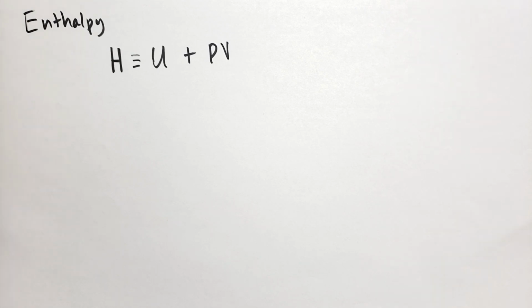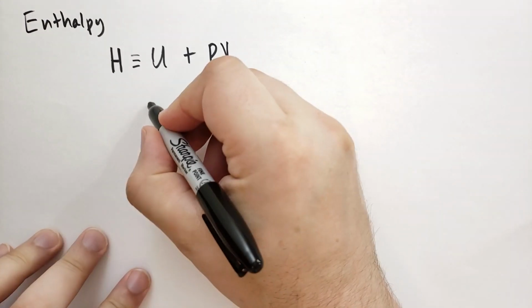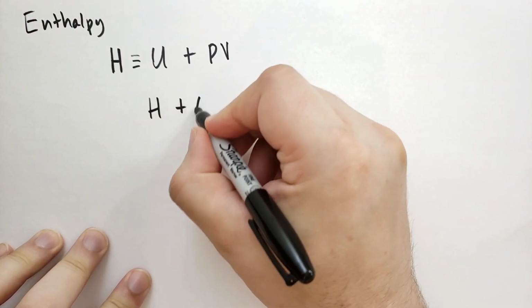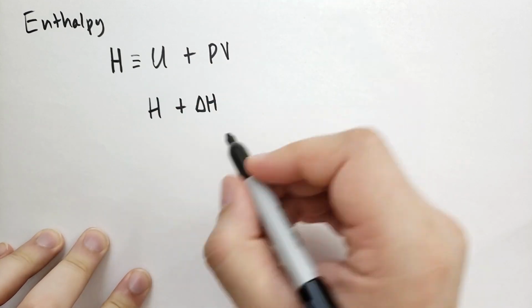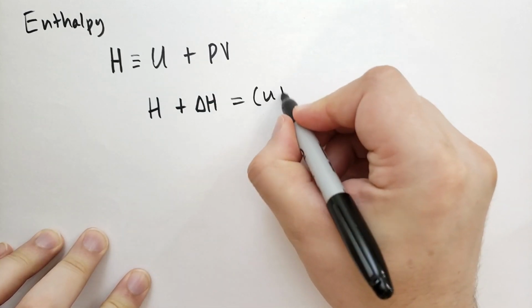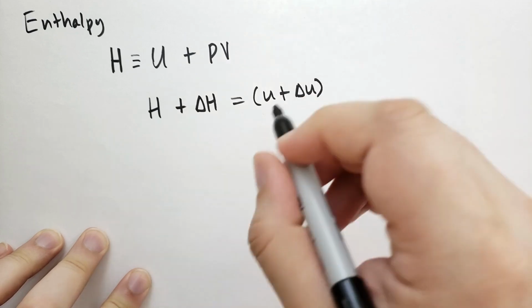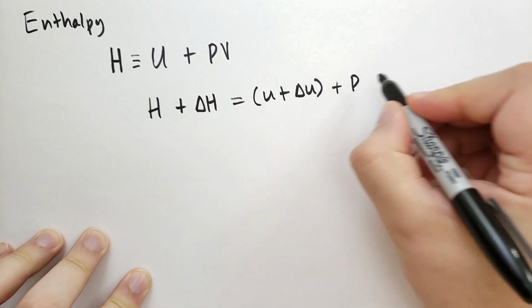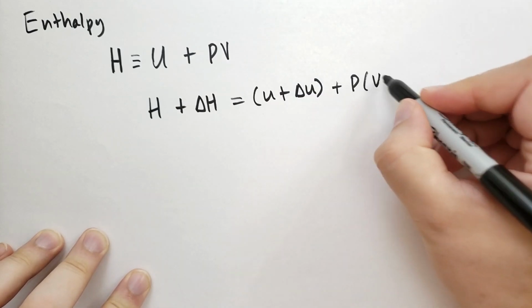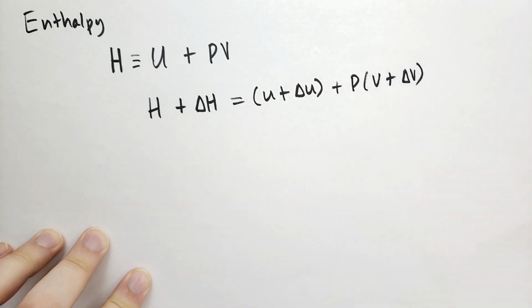So we're going to play with enthalpy to see how we can use this to calculate changes to a system, okay? If we start with an initial amount of enthalpy and then we add some more enthalpy, that's the same as U plus delta U, and P, because we're keeping pressure constant, V plus delta V, okay?